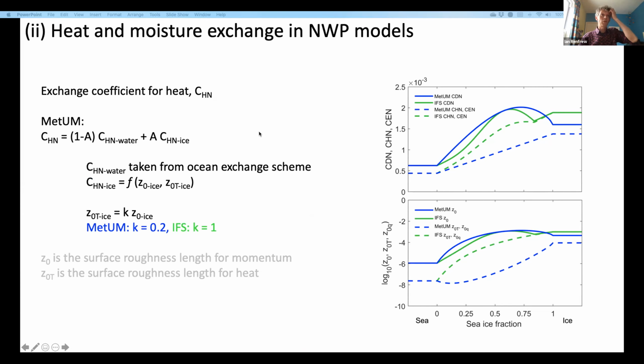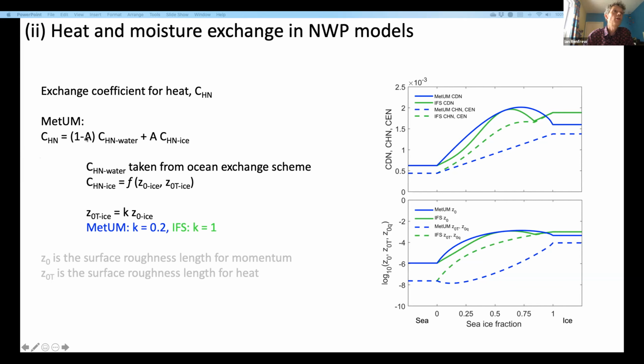This is a little complicated, but we'll just focus on the exchange coefficients. In the same way that we have an exchange coefficient for momentum, which is part of the parameterization of the way that drag is imparted, or momentum fluxes are exchanged between the atmosphere and the surface, we have the same sort of exchange coefficient for heat, and that's proportional to the heat, or equivalently moisture fluxes, exchanged between the atmosphere and the surface.